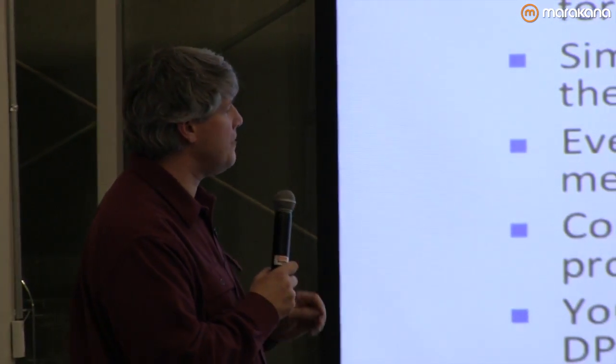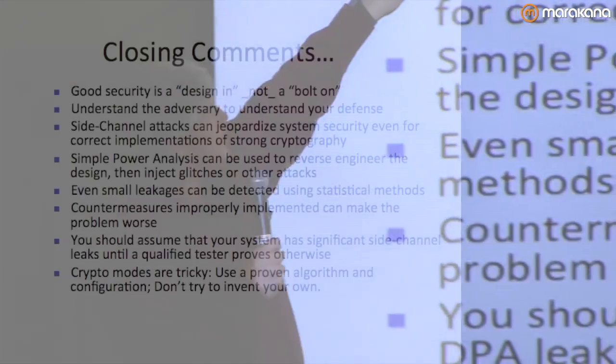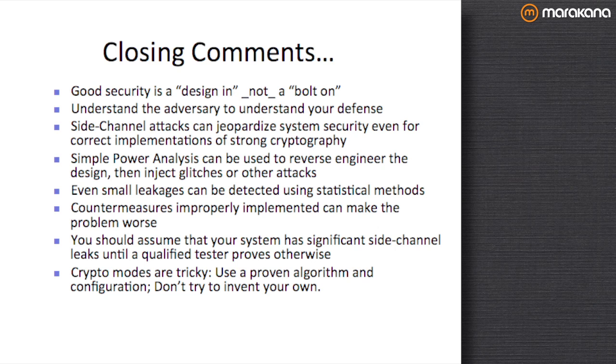So I'm going to go ahead and skip the last example, but basically the message I was trying to convey is that if you really want your system to be secure, you have to think about it as you're building it. You can't just build the whole thing and then bolt on some security afterwards.